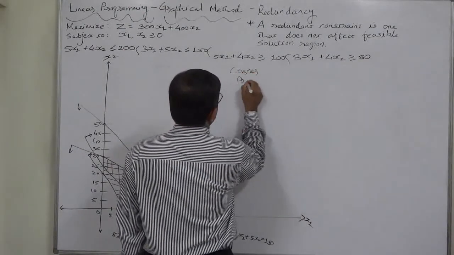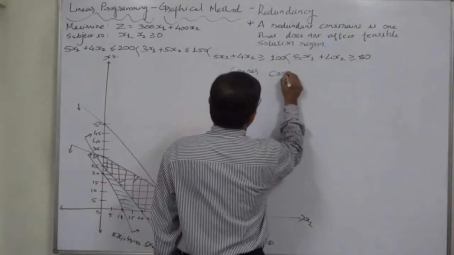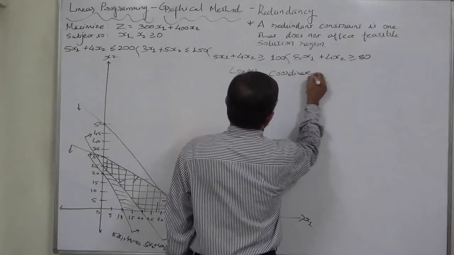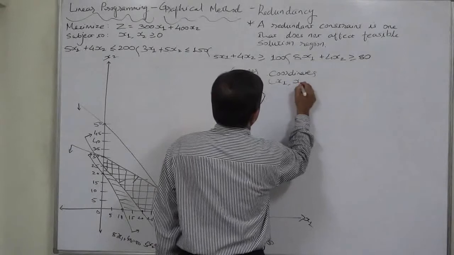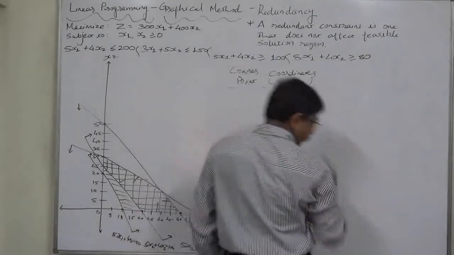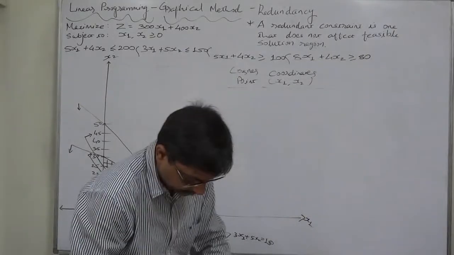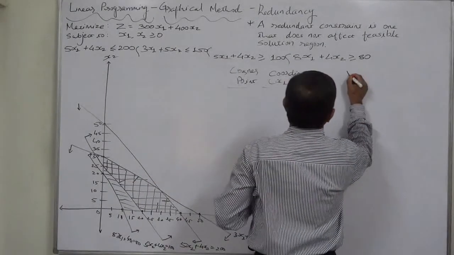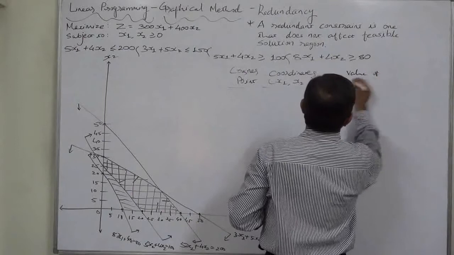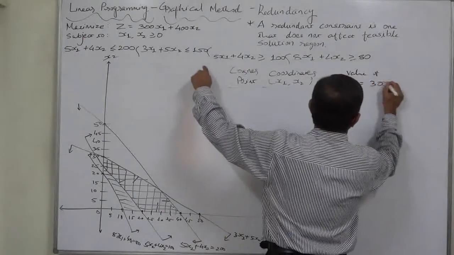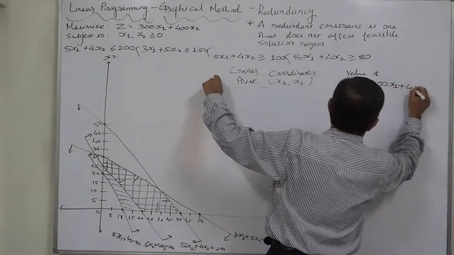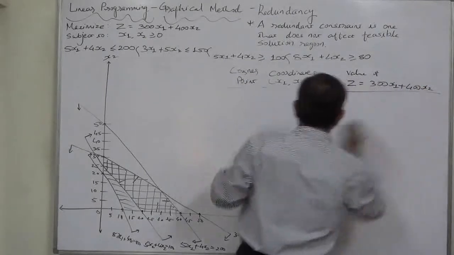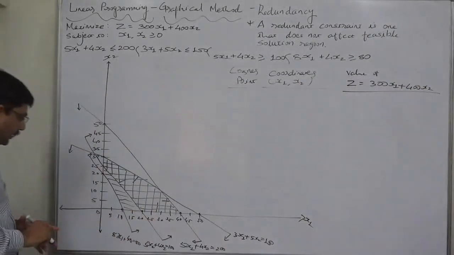Corner point, coordinates, and value of z equals to 300 x1 plus 400 x2. But before that we need to write all the points.